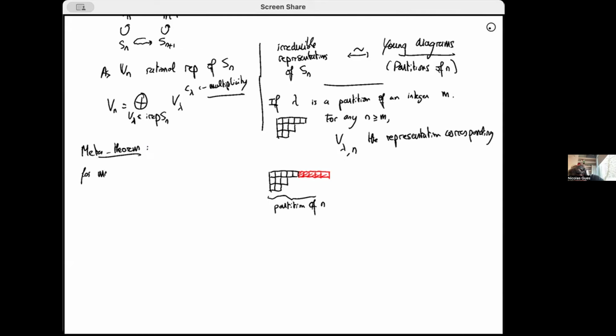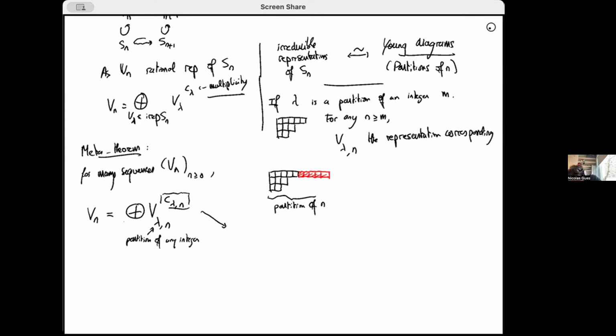For many sequences Vn of consistent representations of the symmetric groups, if you decompose Vn as a sum of V lambda n with multiplicities C lambda n, where lambda is a partition of any integer smaller than n, you can observe that C lambda n is independent of n for n big.